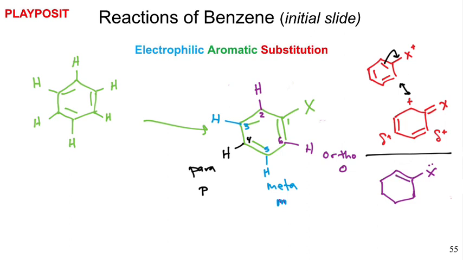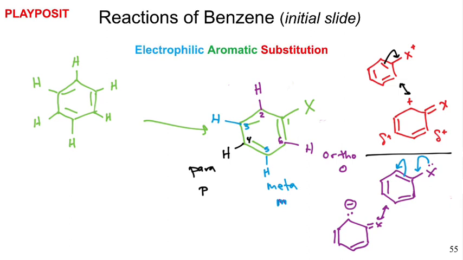What if atom X had electrons? What would those electrons potentially do? Donate inwards, drawing a resonance structure, where we put a negative charge at the ortho position.